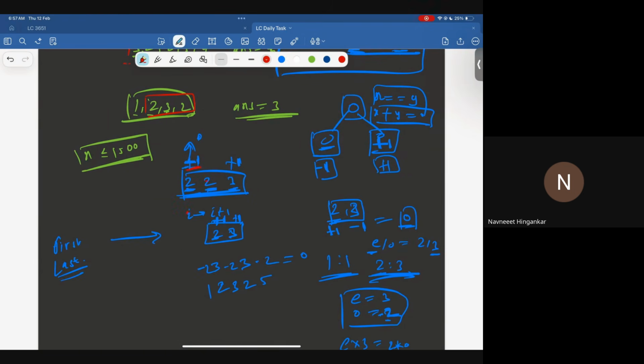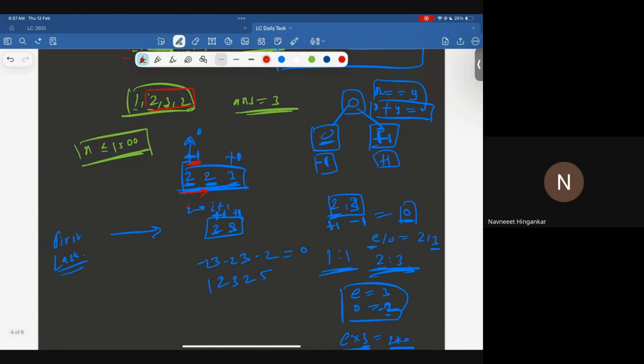So this +1 will become 0 when my array is shrunk, or basically this pointer has been moved forward. So this +1 will become 0 and this will become +1. So using this, I know my distinct even count equals distinct odd count, right? And that's it. This is the task.